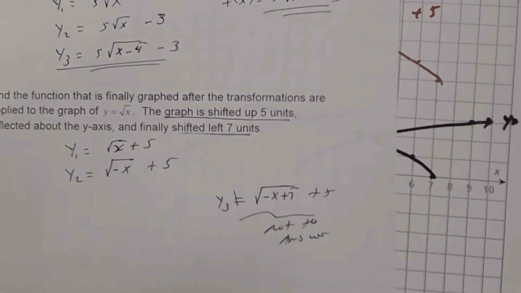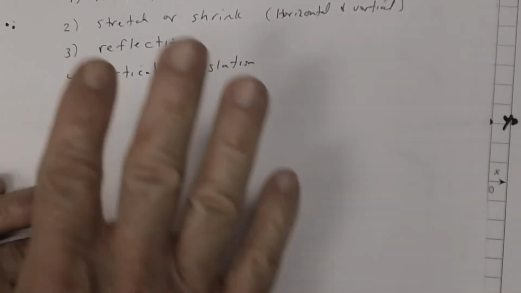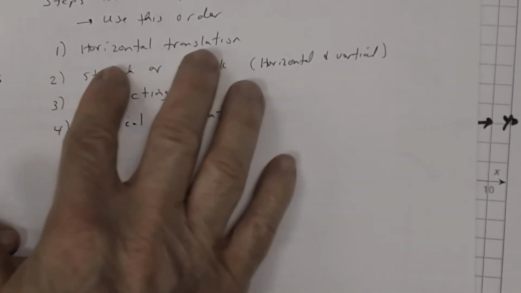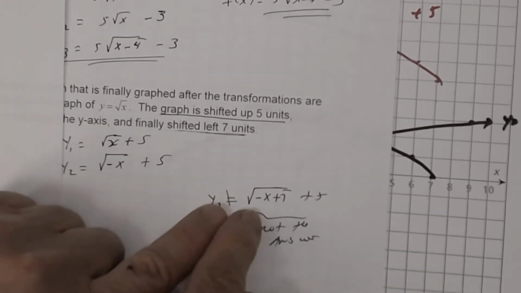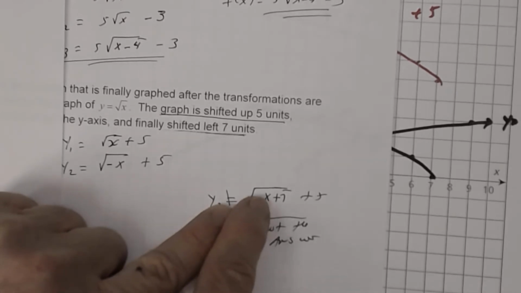Okay, so remember our order. Our order was always, whenever a symbolic one is given, a horizontal translation first. So that means when I did this, x was not negative already. The coefficient of x was 1.